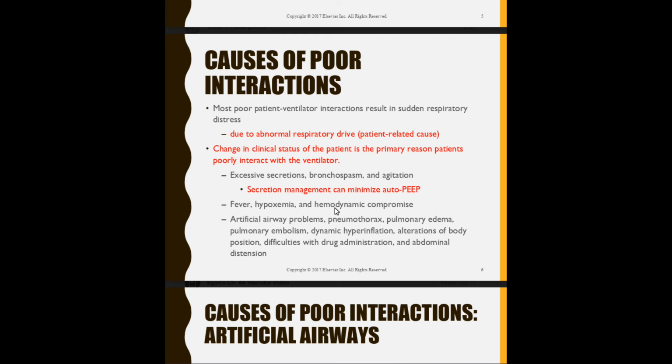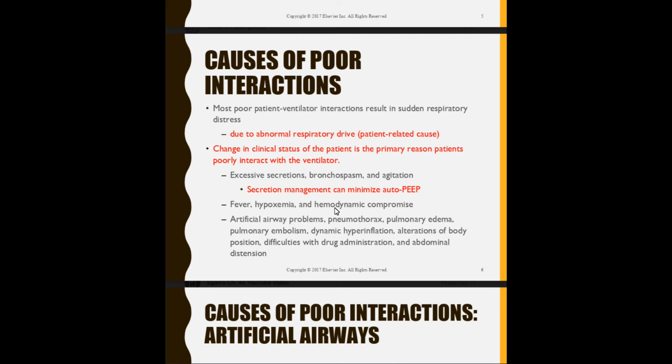So they're going to go into respiratory distress. Now, it's going to be due to an abnormal respiratory drive, which is a patient-related cause. And the thing is that it's us not ventilating the patient well that's causing the abnormal respiratory drive.